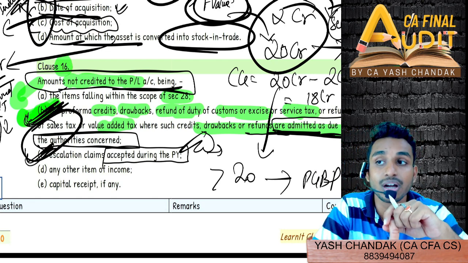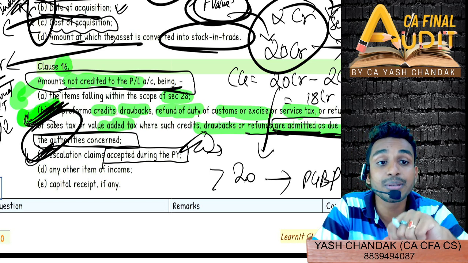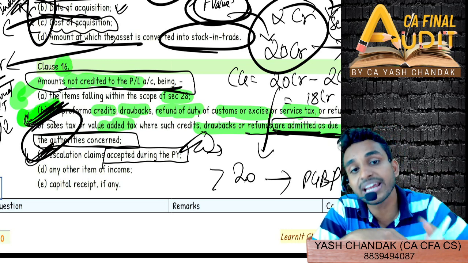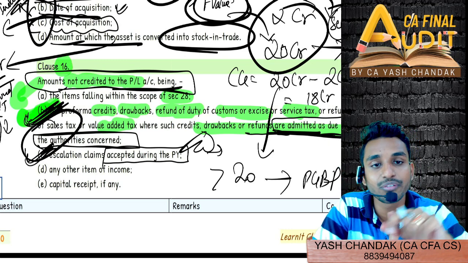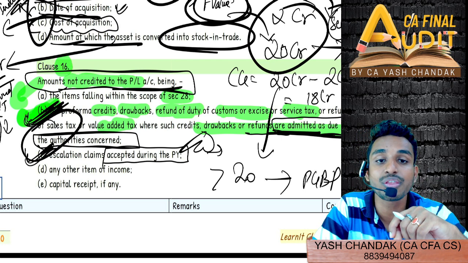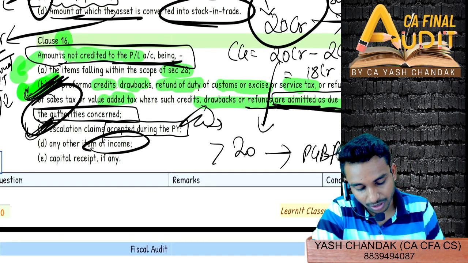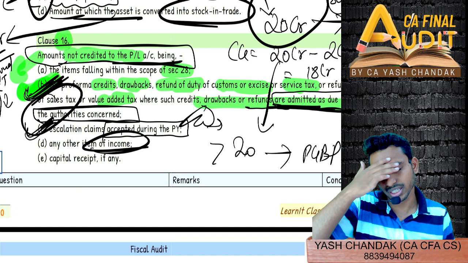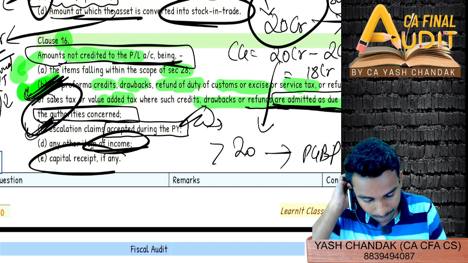For refund of duties, you have to include it in the previous year in which it was admitted as due by the authorities. If authorities admit it as due, then you have to include it in your clause. An escalation claim, in the previous year in which it was accepted. Correct? And lastly, any other item of income which you might have left out of your profit and loss account, and other capital receipt if any.